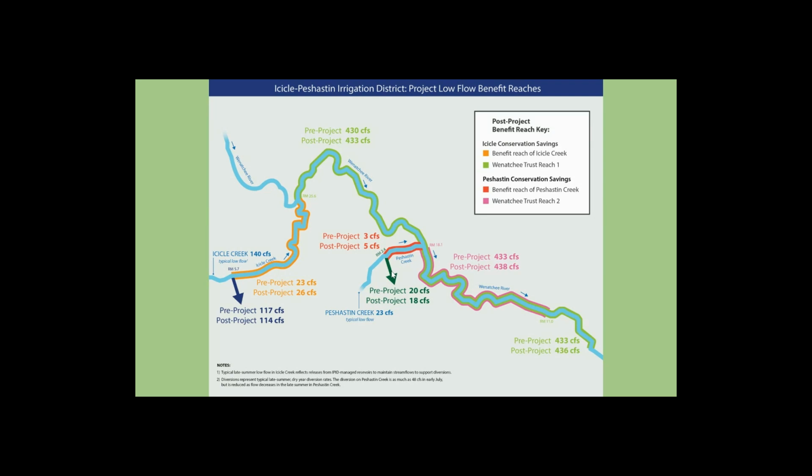Post-project, instead of diverting that 20, they would be diverting only 18, and they would leave 5 CFS in that fish ladder. That's an easy thing to measure too. There's a staff gauge there, and it's easy to report. There is additional benefit to the Wenatchee River, but we think it's, for the most part, insignificant.